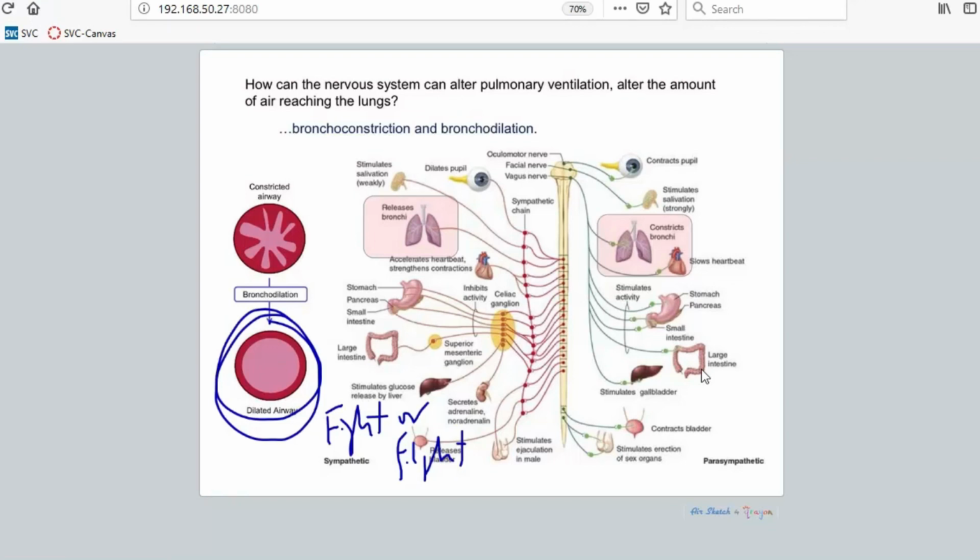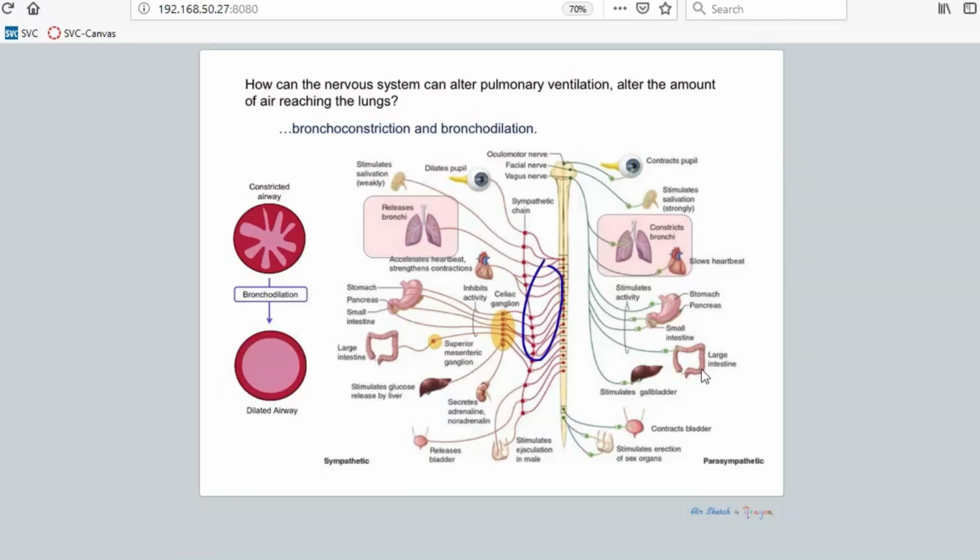How's that going to happen? Well, here's the sympathetic system on this side out of the thoracic and lumbar region, and you can see that these sympathetic fibers go to the lungs, and what are they doing? Well, they're acting on that smooth muscle that's around the bronchioles, and they're relaxing it. Okay, and that's allowing the bronchioles to dilate.